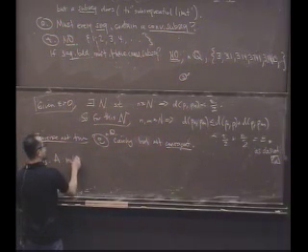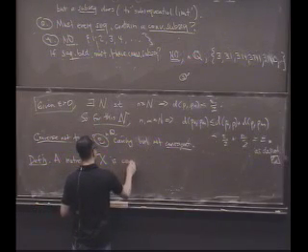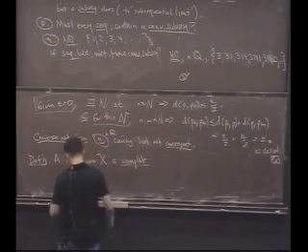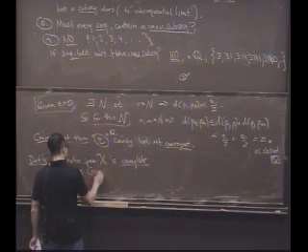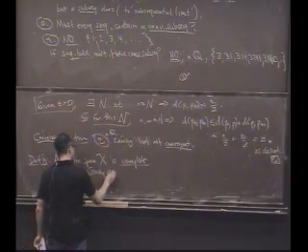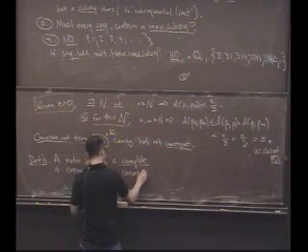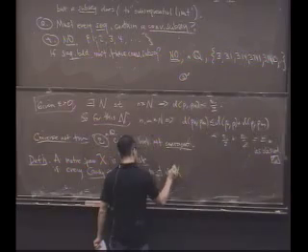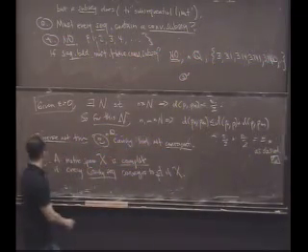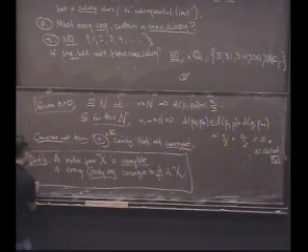Okay, so here we go. We'll call a metric space X complete if every Cauchy sequence converges to a point of X. So this is the kind of desirable property that we want.